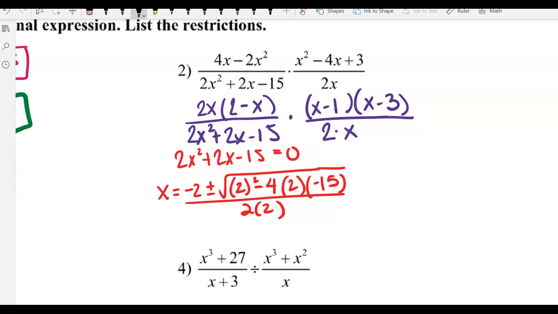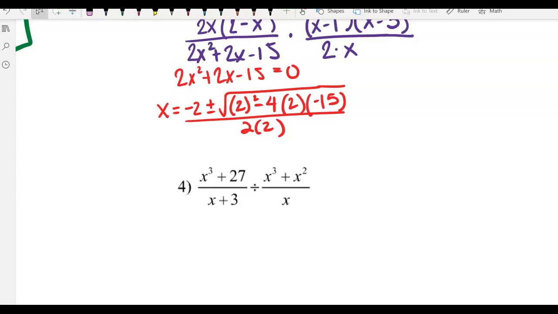Under the radical, Dexy, what is 4 times 2 times negative 15? Oh, let's do this, Dexy. Can you do negative 4 times 2 times negative 15? Okay, get a calculator. 120.